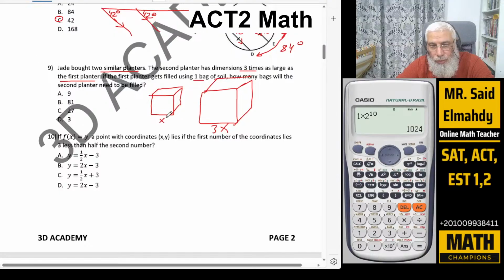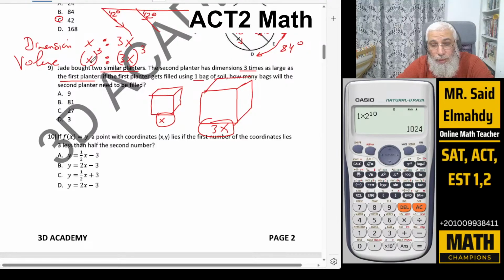The ratio between dimensions is x to 3x, so the ratio between volume is x cubed to 3x cubed. Volume is the same ratio but cubed.